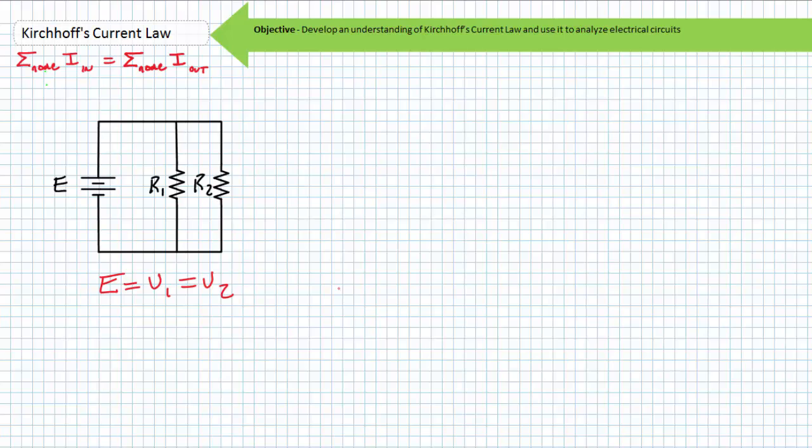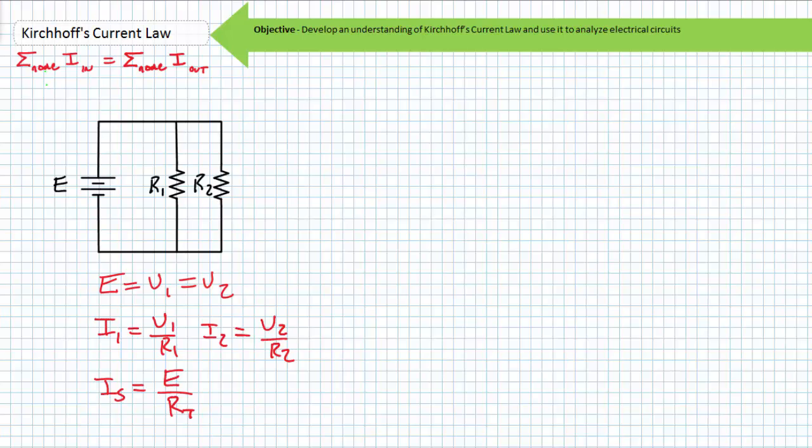The current through resistor 1 is the voltage across it divided by its resistance. I1 equals V1 divided by R1, and the current through resistor 2 is the voltage across it divided by its resistance. I2 equals V2 divided by R2. We could solve for source current using Ohm's law, though as you'll see this is not my preferred means of doing so.